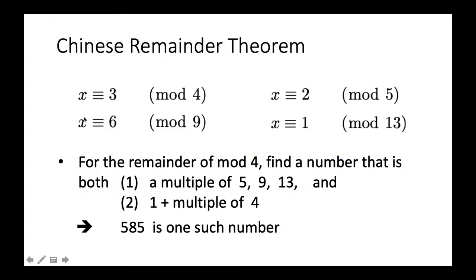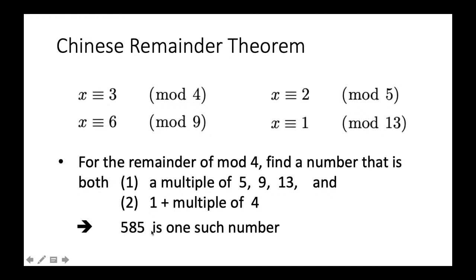Similarly, we are going to multiply the remainder of 3 here by some magic number. The magic number should be a multiple of 5, 9, and 13 at the same time, and it is equal to 1 plus a certain multiple of 4. After some calculation, we find that 585 is such a number.